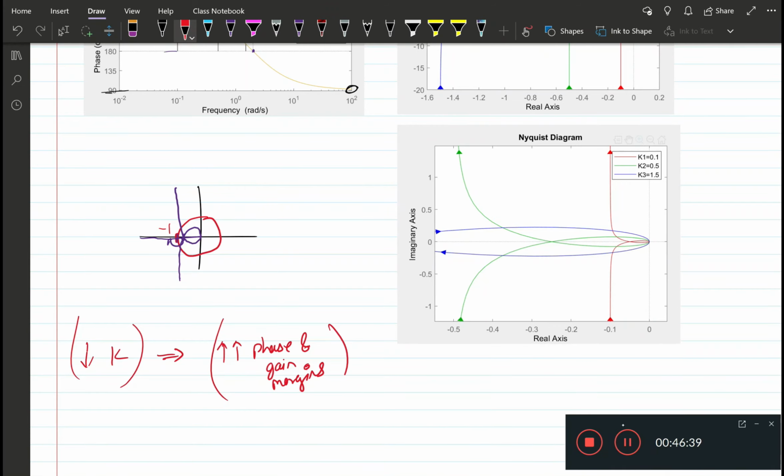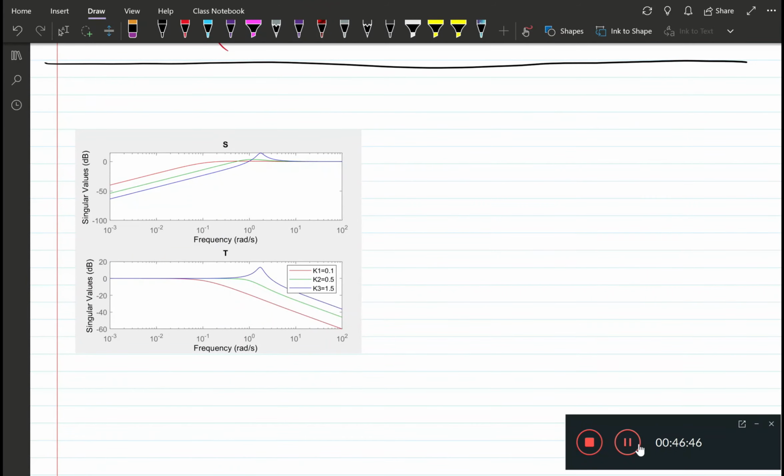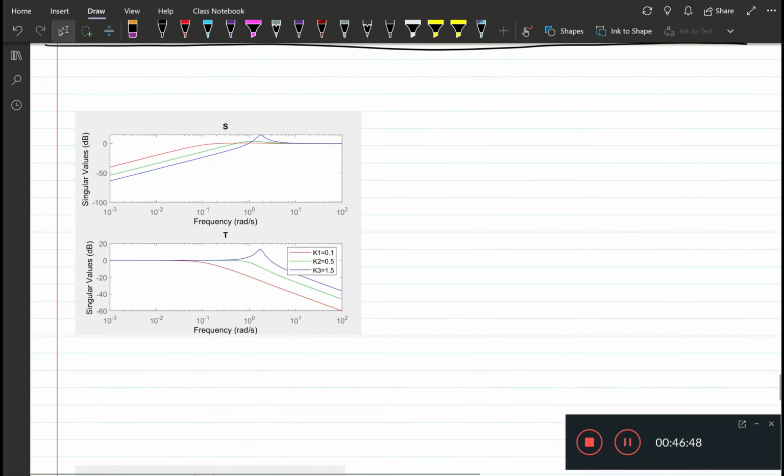And finally, now let's have a look at the sensitivity plots for this one. So these are the sensitivity plots and the complementary sensitivity plots, and these look quite similar to the ones that we saw before.